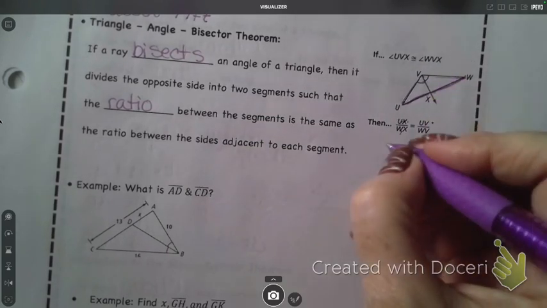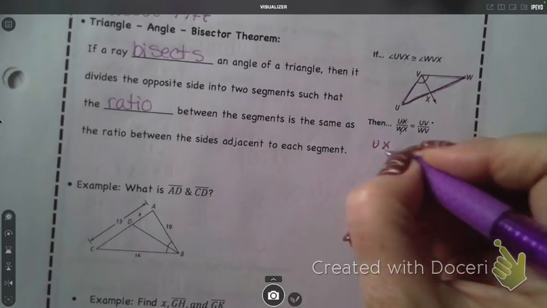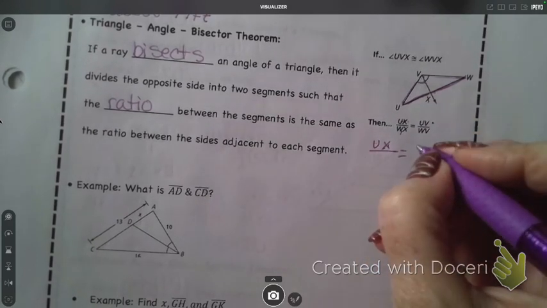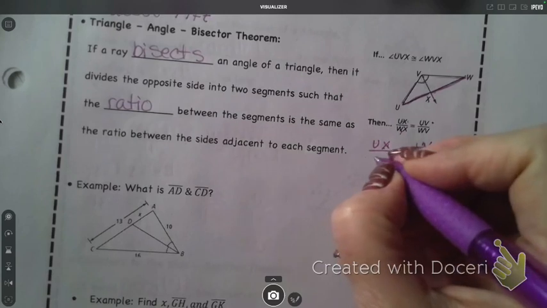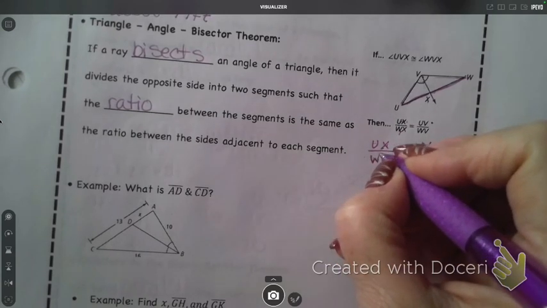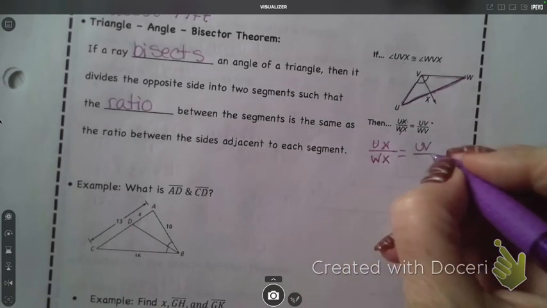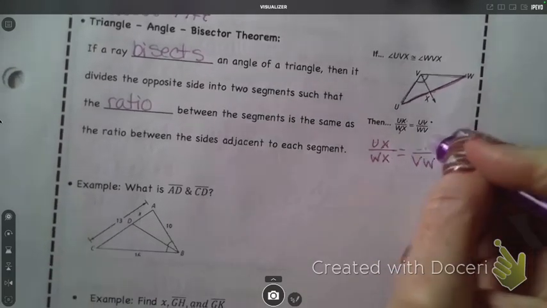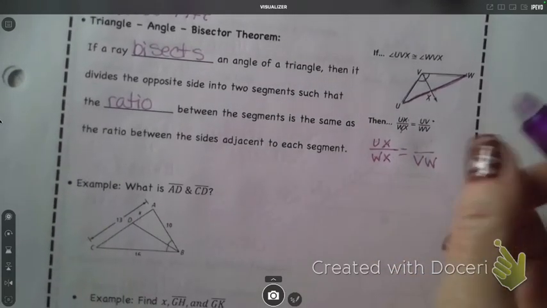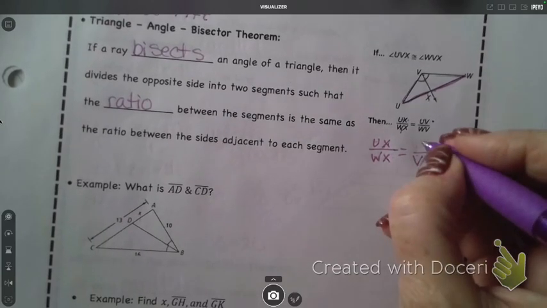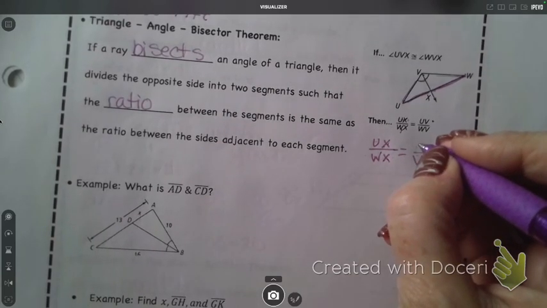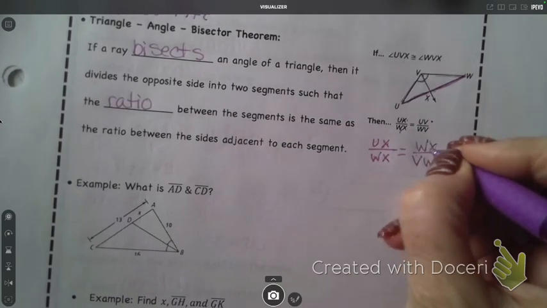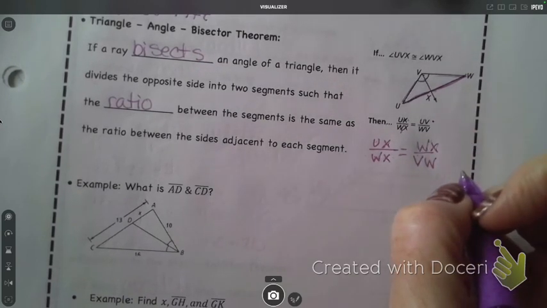Now, I like to write mine as UX and UV, and so it'd be WX and VW. That's what they put. You just switch to W and V. Yeah. You did UX and UV, WX and VW.